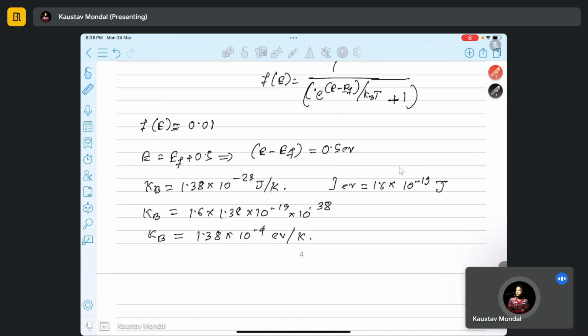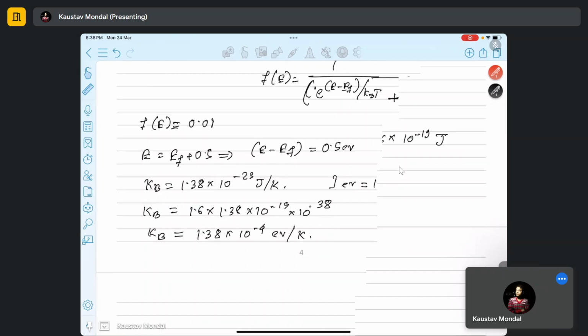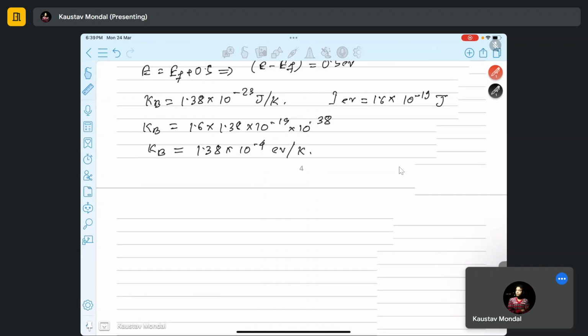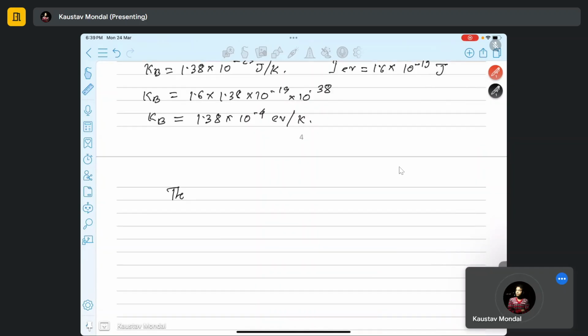So this will be the Boltzmann constant. Now the Fermi function would be F(E) equal to 1 by e to the power (E minus EF) by kBT plus 1. Okay.